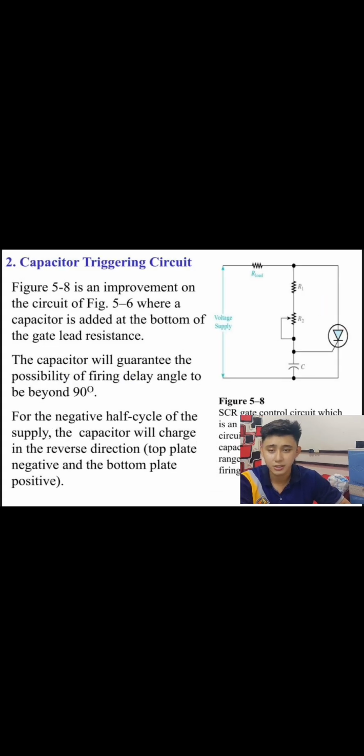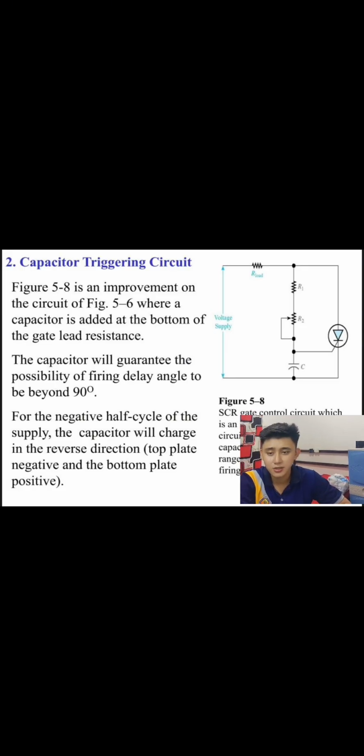Capacitor triggering circuit. Here in figure 5.8, the SCR gate control circuit, which is an important improvement of circuit 5.6 from earlier. Here, the capacitor will provide a greater range of adjustment of the firing delay angle.